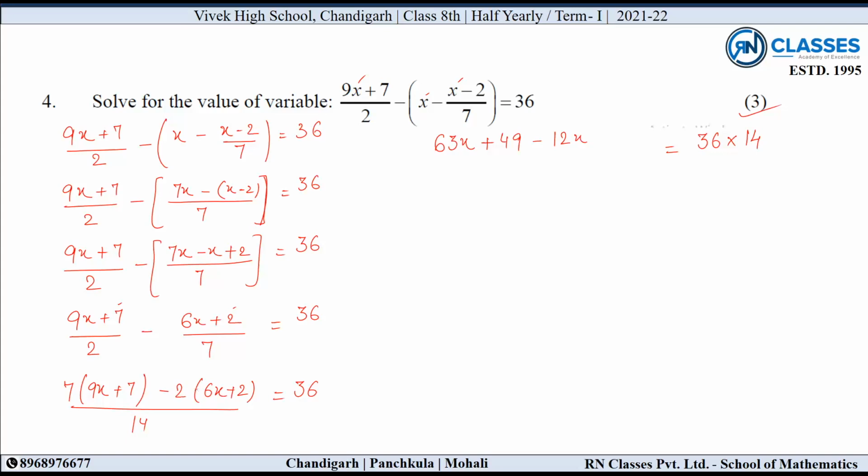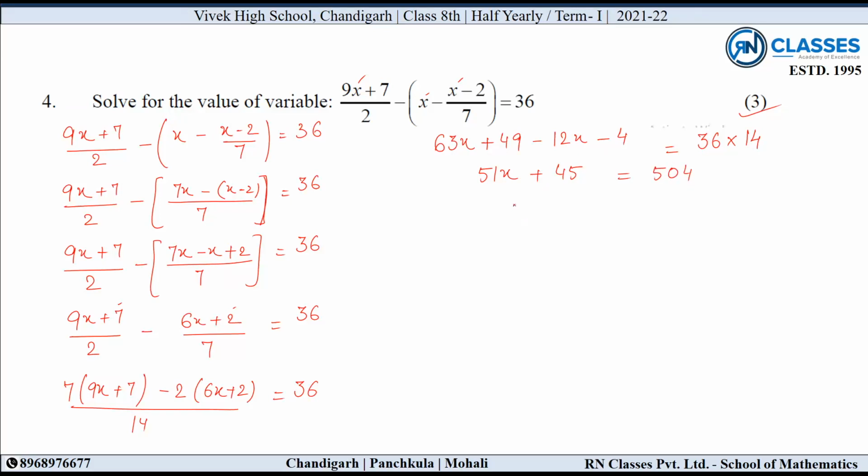Now 2 2s are 4, so minus into plus is minus 4, right? 63 minus 12, how much would it be? 51x plus 49 minus 4 is 45, and 36 into 14 would come out to be 504.